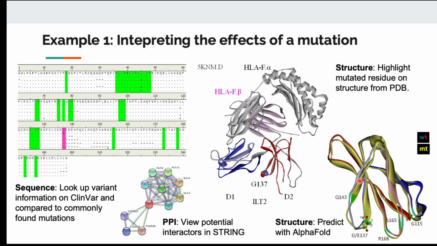Last time we learned that AlphaFold is an AI that can predict the 3D structure from an amino acid sequence. So this also means that if you have a wild type amino acid sequence and a mutant amino acid sequence, AlphaFold in theory should be able to predict the 3D structure of both isoforms and also compare the structural difference between the two.